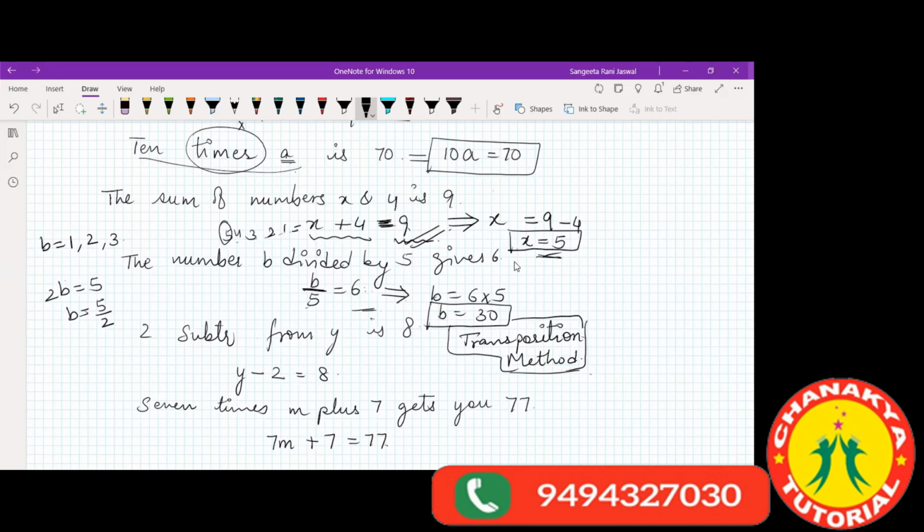Are you finding it difficult? No, ma'am. I asked that the transposition method is the simplest method, right? Yes. Okay. So this method of transferring the position of the number is called the transposition method. Why do we call it transposition? Because the position of the number is transferring from the left hand side to the right hand side.